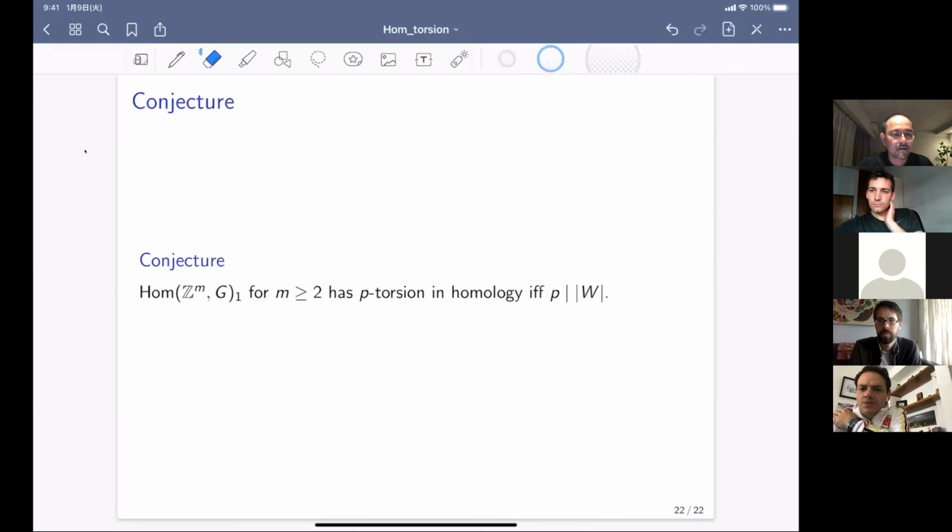So here is an idea. What I think you did is, you projected onto the first component and then went to the representation space. And that was good because you knew what that was. It's the wild alcove.